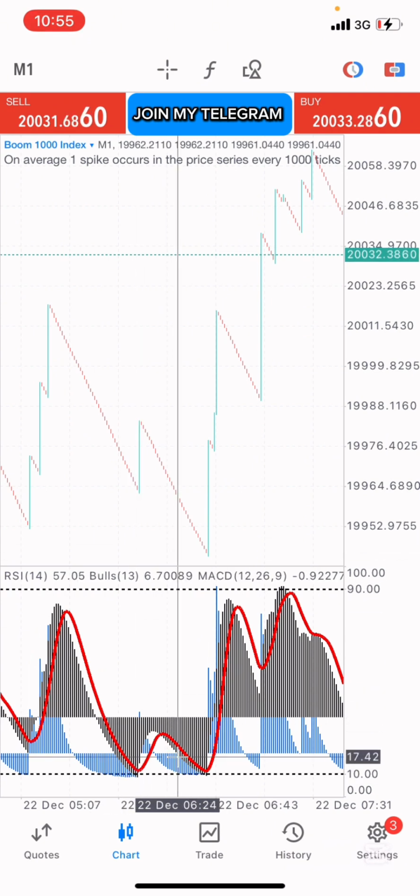So the thing is that the Boost Power will get to the level of 10 before the MACD. So it's giving you that safe signal to exit at that point. Hope you understand. The Boost Power will get to the level of 10 before the MACD will get to the level of 10.